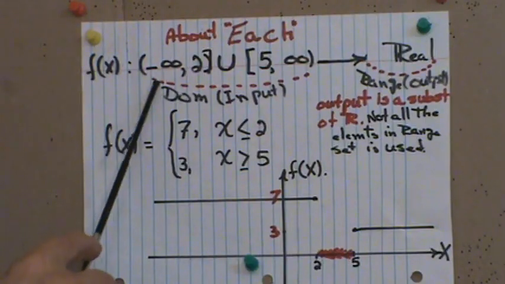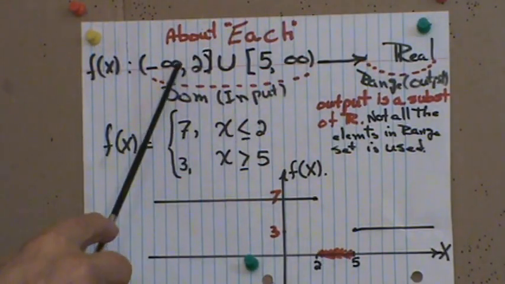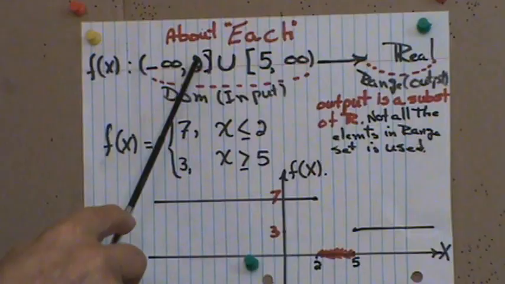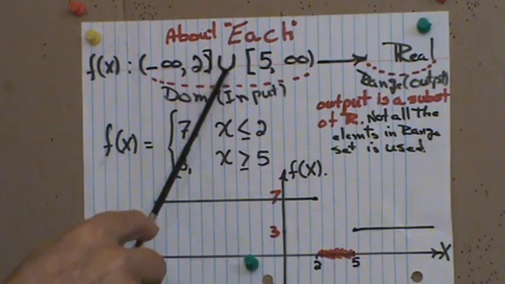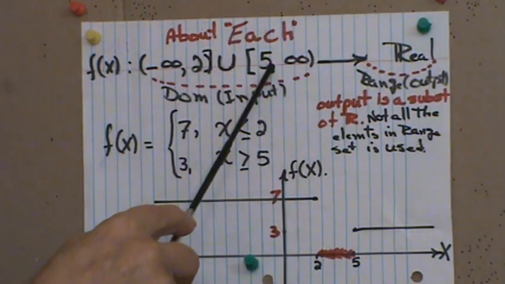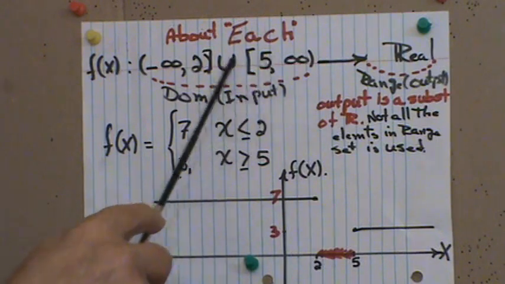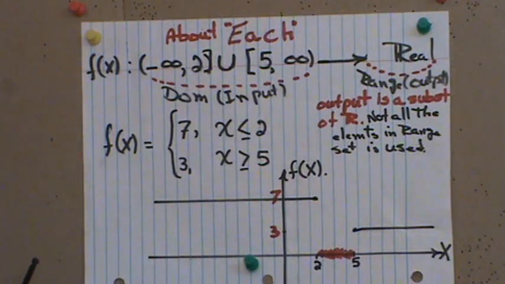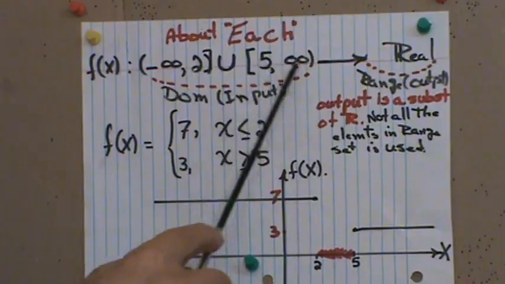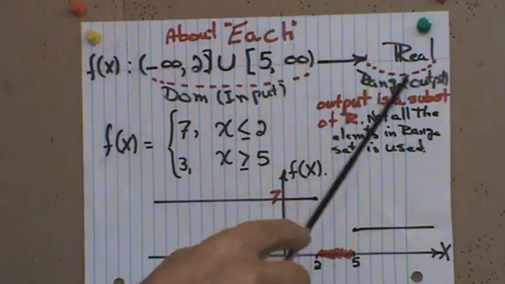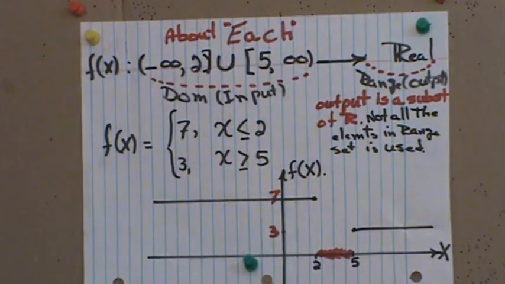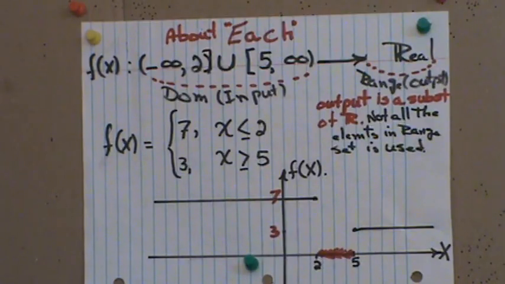Now the domain of my function consists of from negative infinity to 2 union with from 5 to infinity, including 5 and 2. Alright? And then the range of my function is the set of all real numbers. And now the function is defined this way.